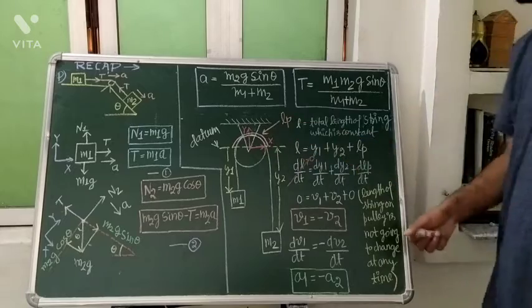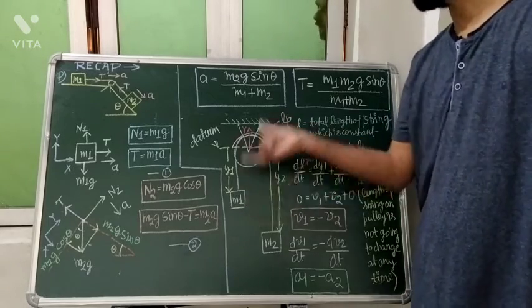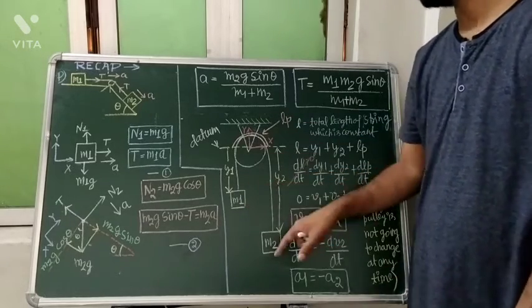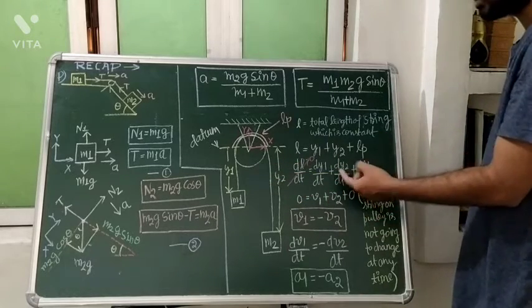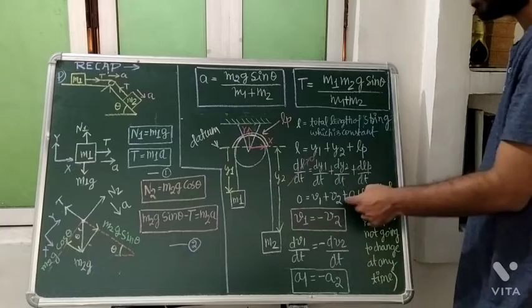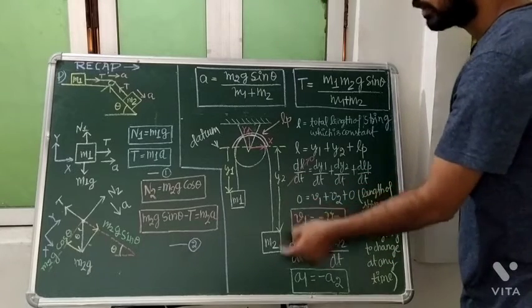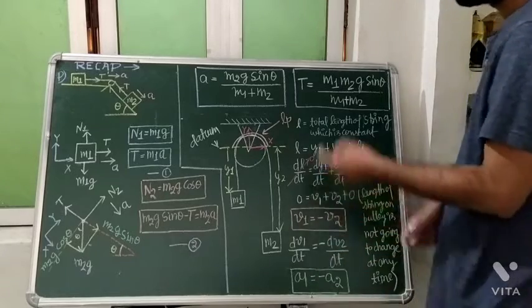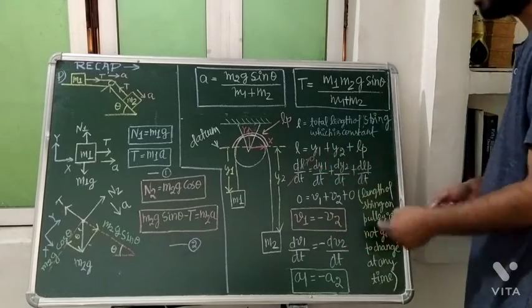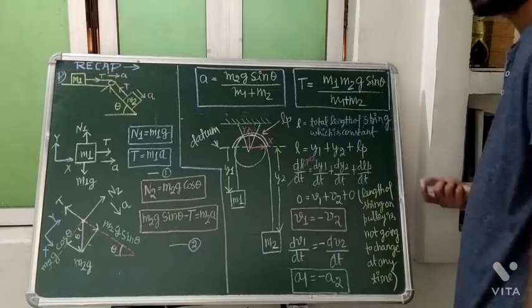Whatever distance it travels with respect to time denotes the velocity of this block. So v1 plus dy2 upon dt, meaning we get the velocity of block 2, whatever distance it travels with respect to time denotes the velocity of this mass m2.